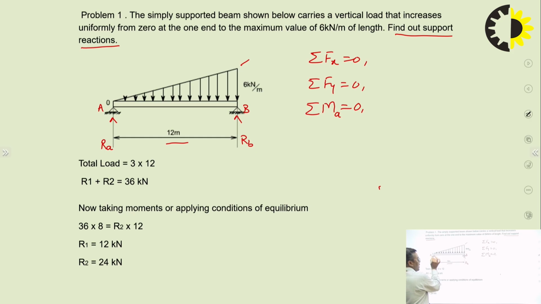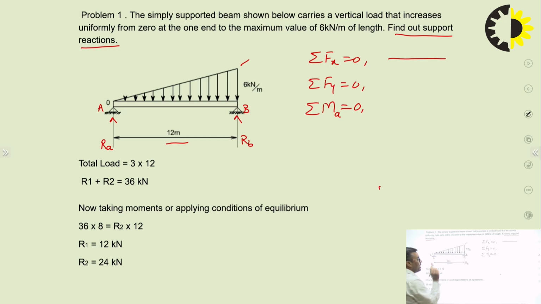If I consider these as knife edge supports, so Ra and Rb. So, do we find any horizontal force in the diagram? No. So, there is no use of the equation sigma Fx equal to 0. If there is any horizontal or inclined force, then we can use that equation also; questions will be coming where we will be using that.